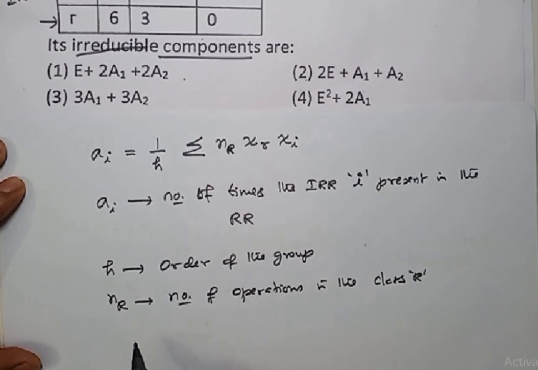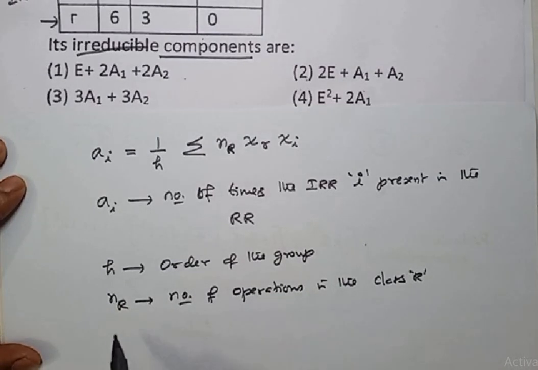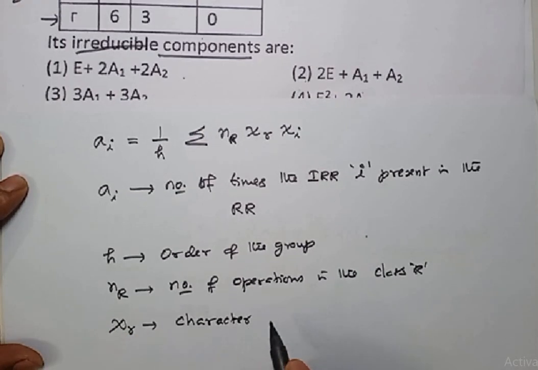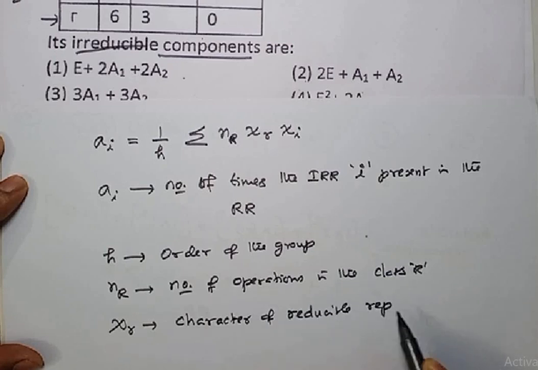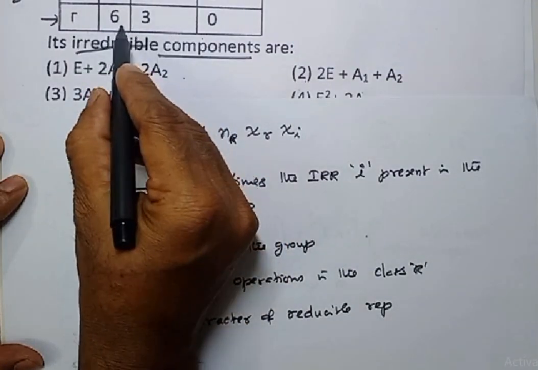In each class, how many operations are there? Simple. Then what is chi_R? Chi_R is the reducible character for the reducible representation. The chi symbol indicates character, and small r indicates reducible. It is the character of the reducible representation, which is given at the bottom: 6, 3, 0.